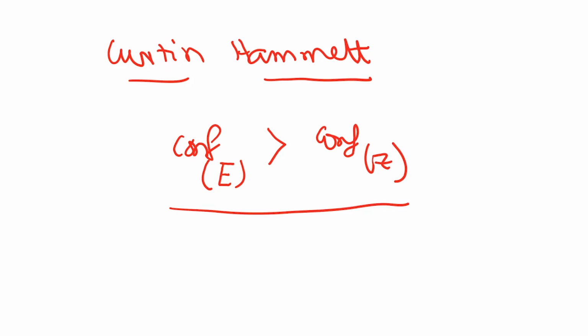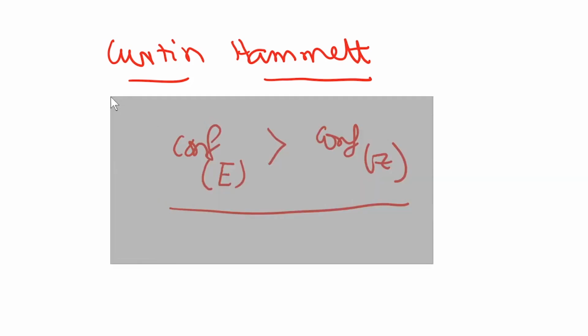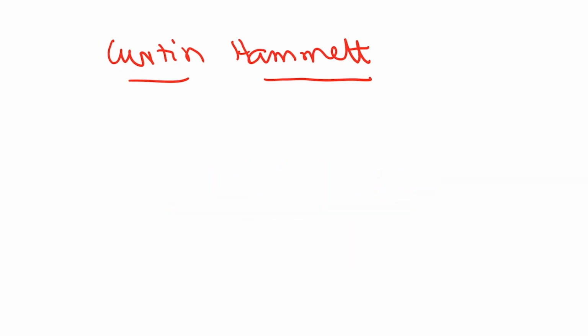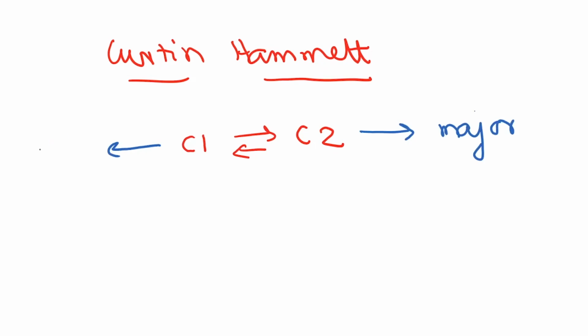Okay, so this helps us develop the framework to understand the difference in the carbonyl chemistry example that we looked at. So I'm just going to summarize this by drawing some rate constants over here. So when you have conformation 1 in equilibrium with conformation 2, and conformation 2 gives you the major product, and conformation 1 gives you the minor product.